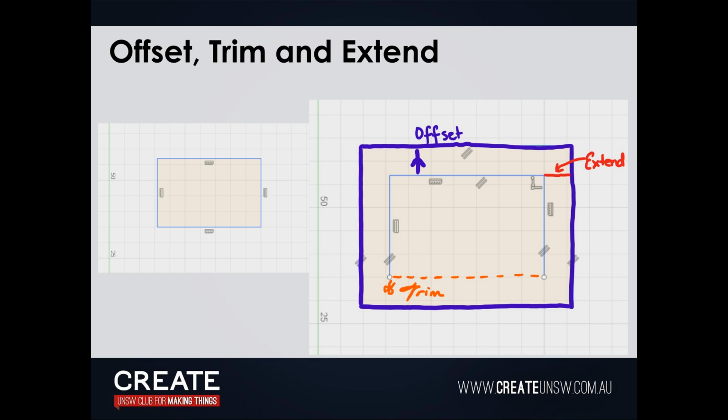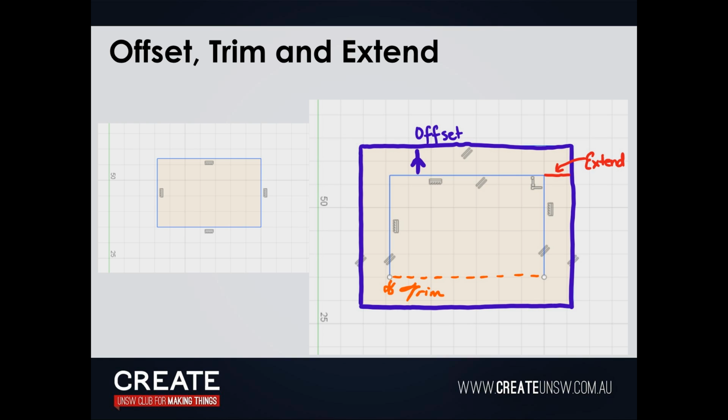This is a random size. Once you're done with that, you hit O, which is offset. You select your curves. This is really important for 3D printing. If you want to print out some hollow object but you want a shell, you use offset. If we want the shell to be 1 mil thick, the offset is 1 mil. If you want the shell to be 3 mil thick, you hit 3 mil.